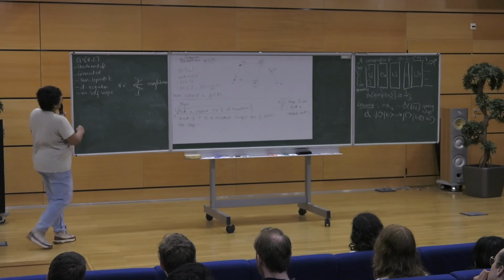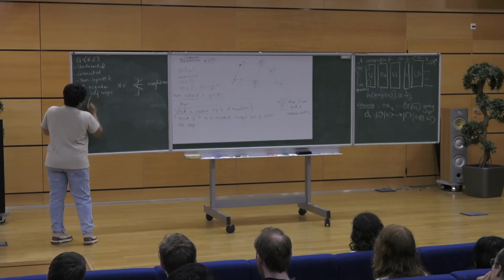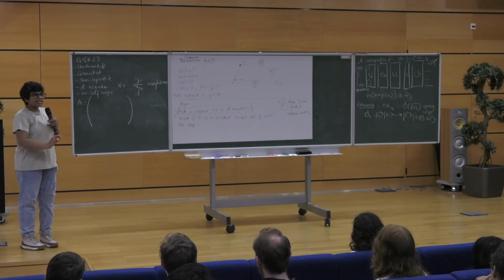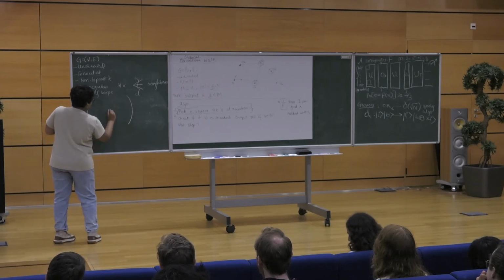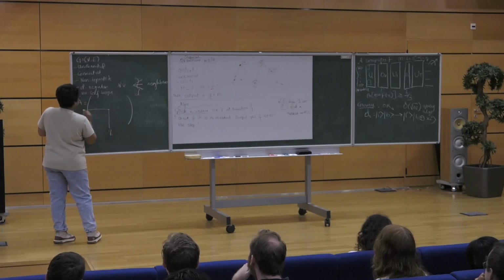Now let's begin. Are you guys familiar with something called an adjacency matrix? An adjacency matrix is kind of just remembering the structure of the graph. That's what the adjacency matrix does. Now, the adjacency matrix is labeled by 2 things: a vertex x and a vertex y.